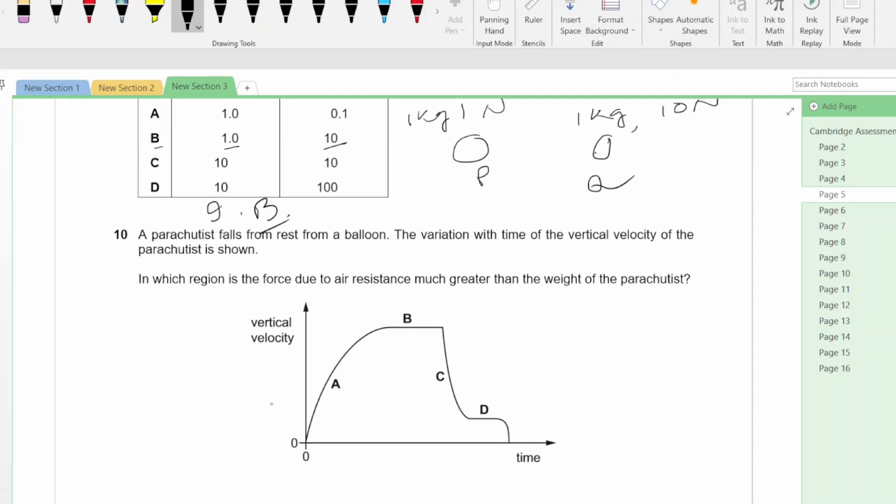Let me sketch a free body force diagram for the parachutist. This is the parachutist, and its weight acts vertically downward, and air resistance acts vertically upward.